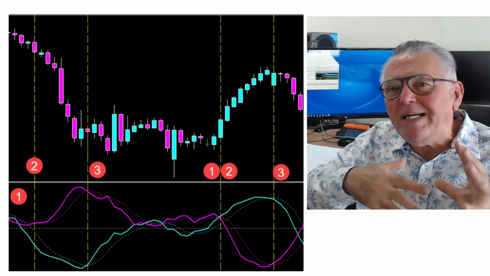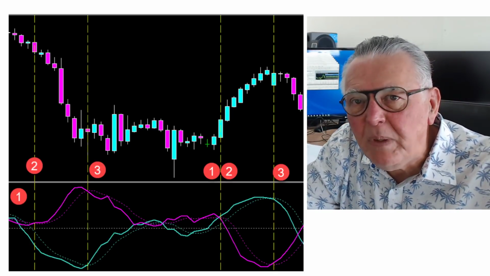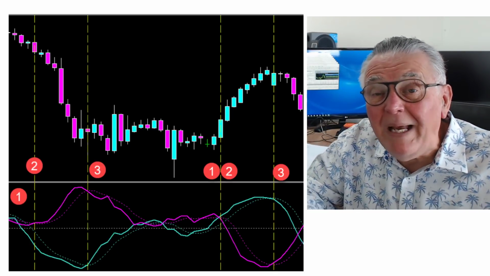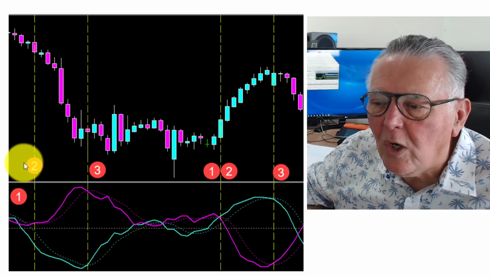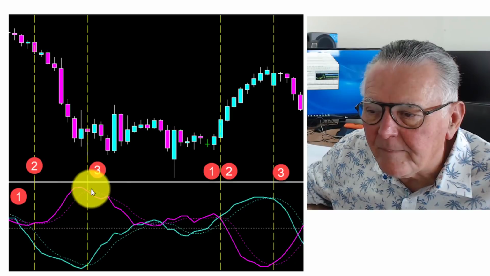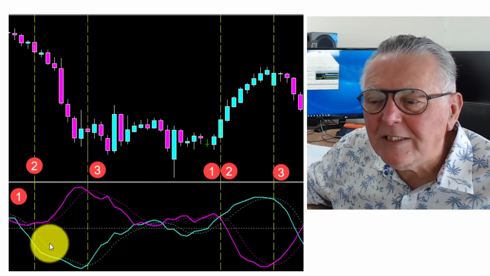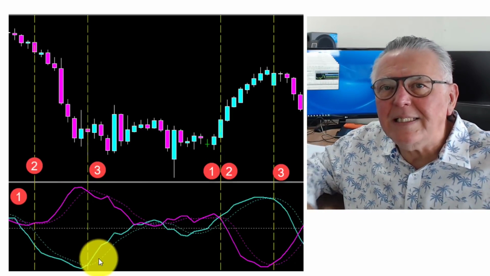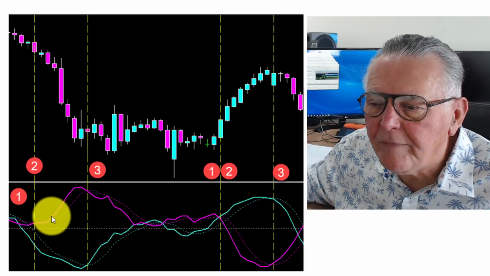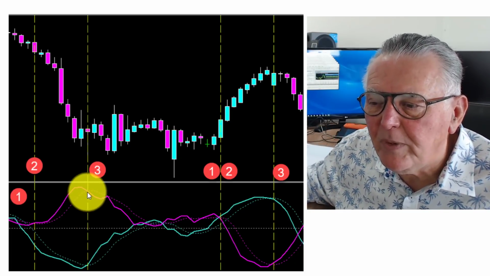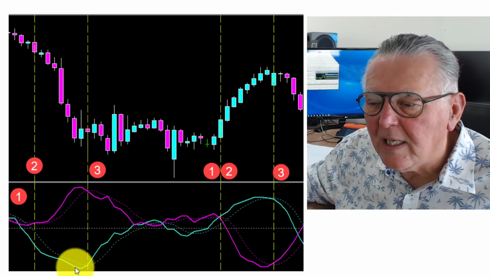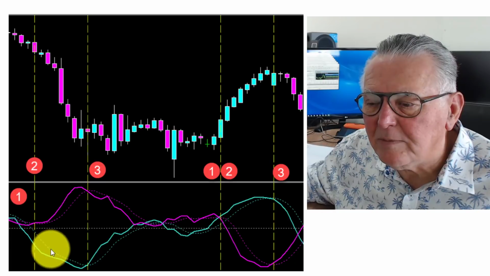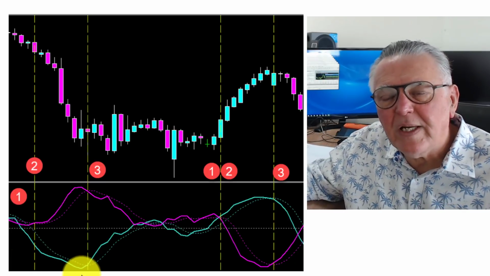Now there are some additional signals that we've built into the indicator that make it a super indicator, and the signals are this dotted line. That dotted line is nothing magical. All it is, is a moving average of the purple line. So the purple dotted line is a moving average of the purple line, and the light blue dotted line is a moving average of the light blue line.